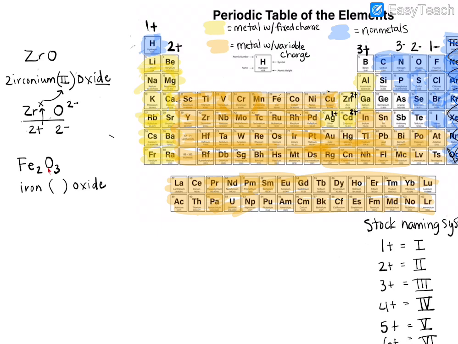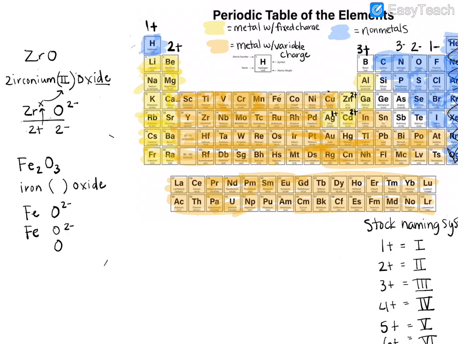And so now I'm going to use this formula. I'm going to have to figure out the charge on the iron. So according to the formula, there are 2 iron ions. That's what this 2 means. And I've got 3 oxygen ions. Don't know the charge on the iron ions, but I do know the charge on oxygen. Oxygen has a 2 negative charge.